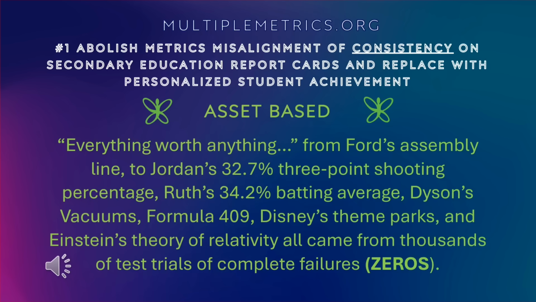And if you averaged Formula 409, you would have 408 zeros. And Formula 409 would be looked at as a total failure, even though Formula 409 is obviously an asset to a lot of people, and a lot of people use Formula 409 and it has produced insane amounts of wealth.